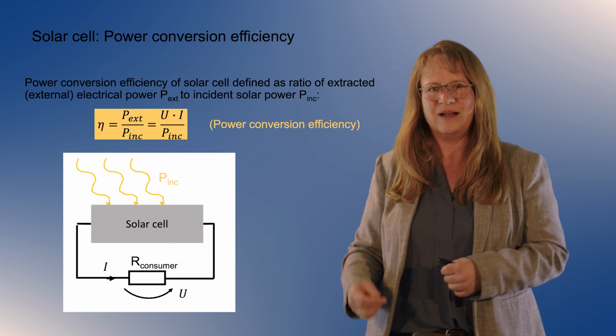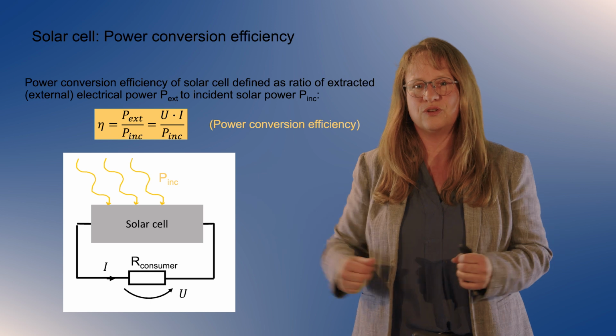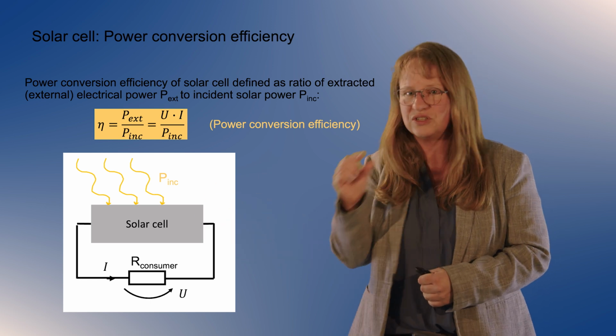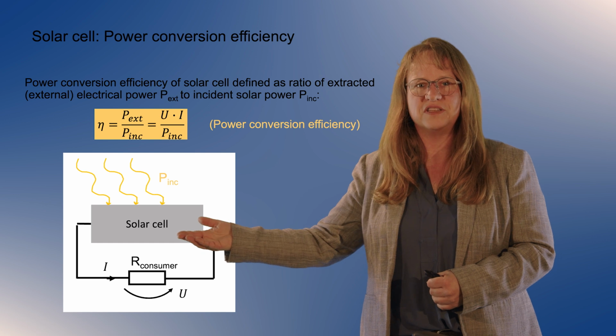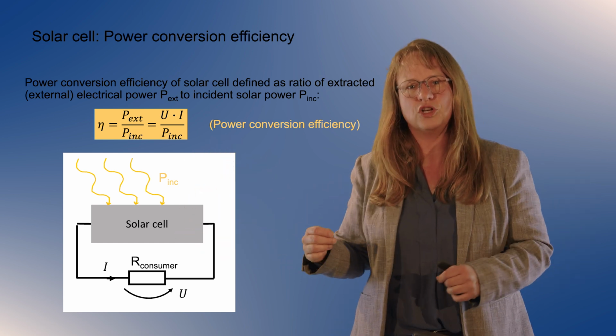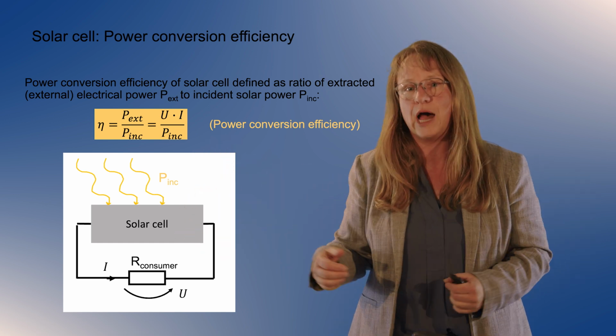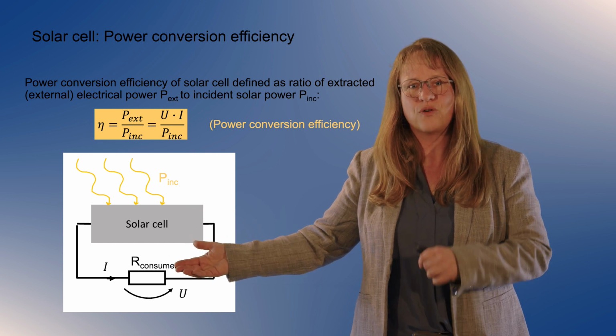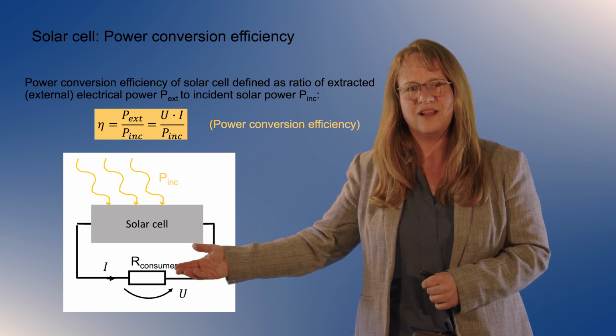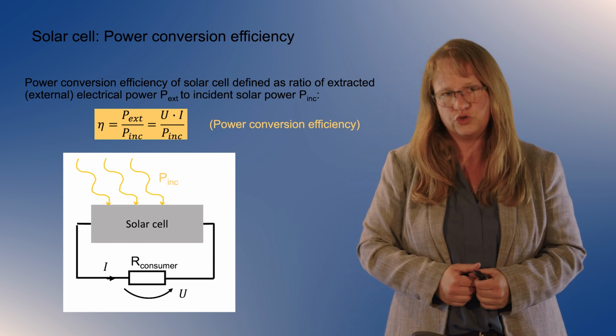This can be a small consumer or a big consumer, depending if this is just a tiny calculator solar cell module, or if this is a huge solar module that can support a whole house, for example. But either way, all the consumer is summarized here in this one resistor, R consumer.